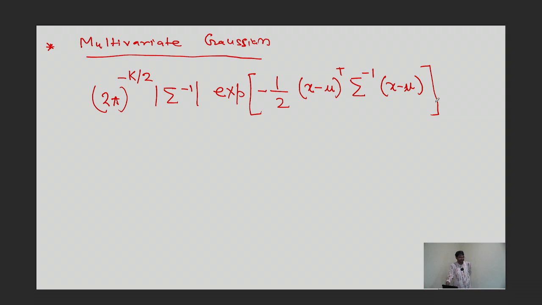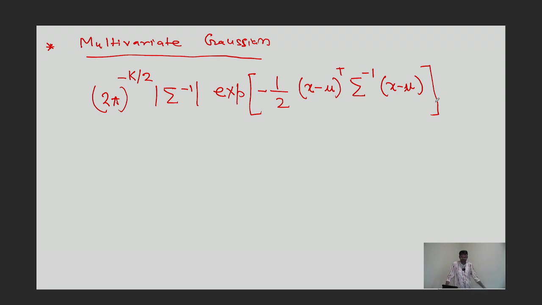First, let's talk about mu and sigma. There are two big parameters that are unknown. Mu, what is the size of mu? K, because it's a vector. Then there are k unknowns in mu. Sigma, what is the size of sigma? K cross k. What is the number of unknowns? The diagonals are unknown, and it's symmetric, so either lower triangular or upper triangular, right? So it will be k into k plus 1 by 2 plus k, something like that.